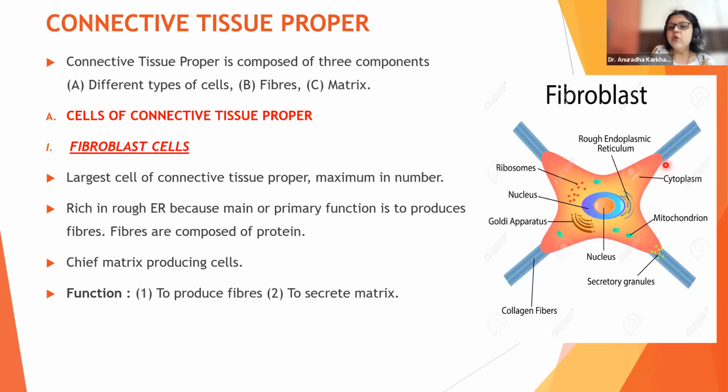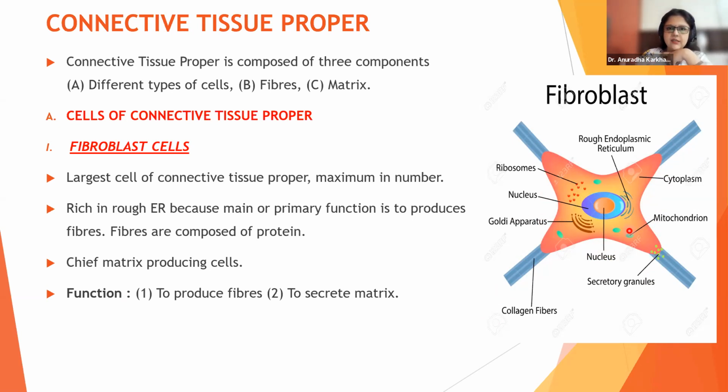That means the collagen fibers are being synthesized by this cell. Yes. So this is the fibroblast cell which is synthesizing these collagen fibers, and collagen is going to be a protein, correct? So it is involved in the synthesis of protein-rich fibers called collagen.